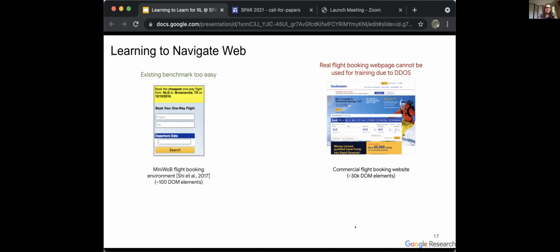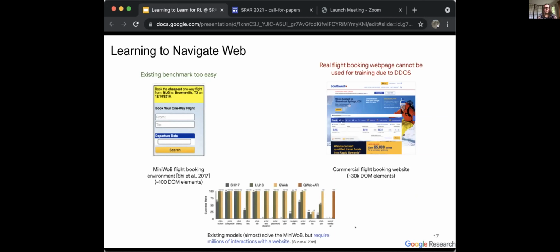And then on the other hand, the existing benchmark only has 100 DOM elements per page. This is what it looks like. And the current state of the art solves a single environment with millions of interactions with the website, right? So there is a huge gap between what is really reality here and what is available in the research community.